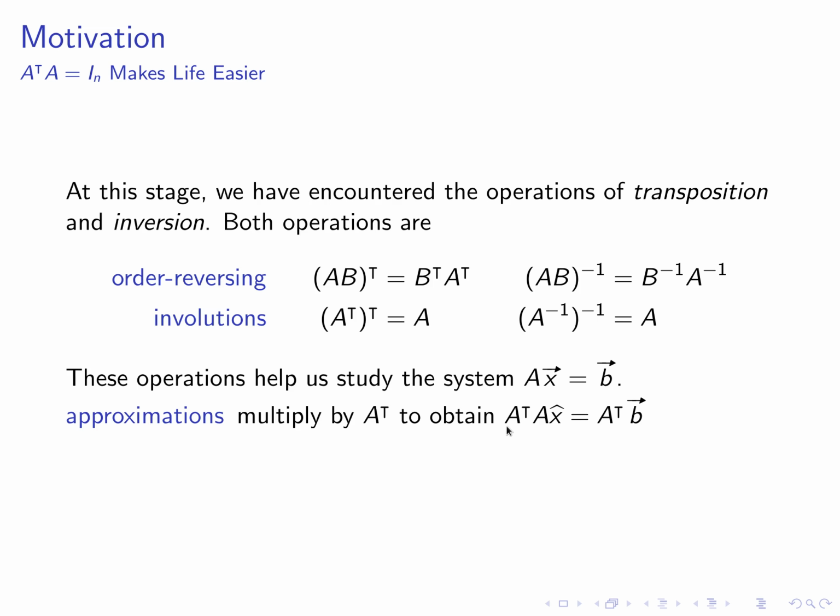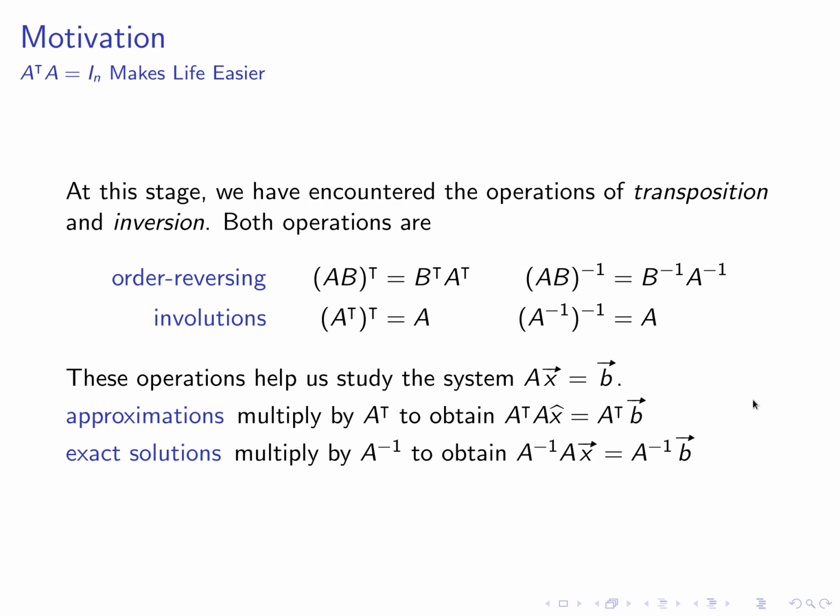On the left-hand side, we end up with A transpose A, which is also called the Gramian of A. Then we're multiplying by X hat, the least squares approximate solution to the system. And then on the right, because we multiplied on both sides by A transpose, we are working with A transpose times B instead of just B.